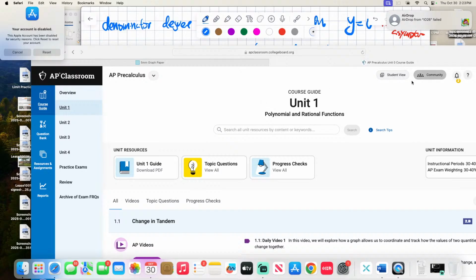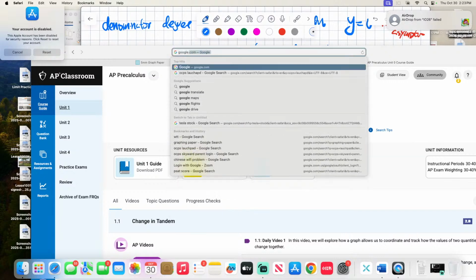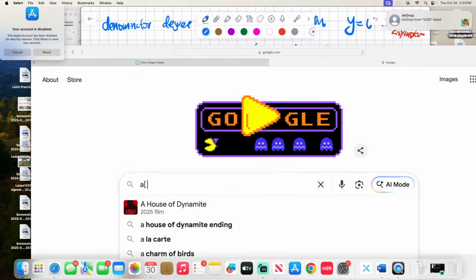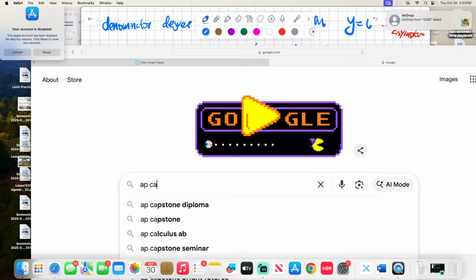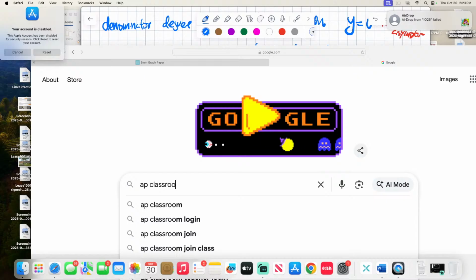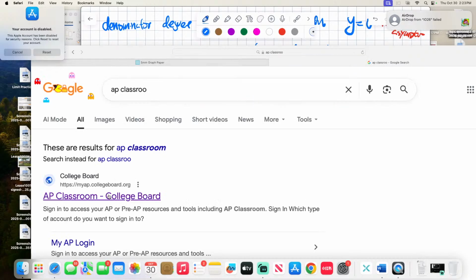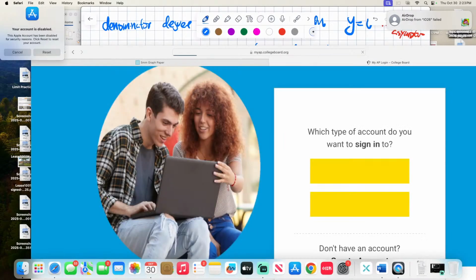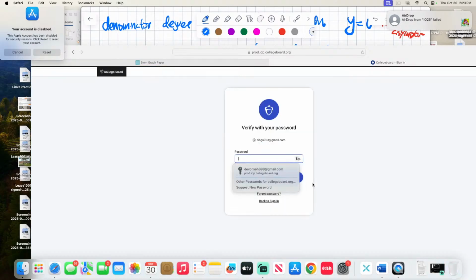Student view? No, community. Well, I can put in the code. Yeah, but I need to find a code for you. Wait, I'm a student. I'm going to go look at your screen.